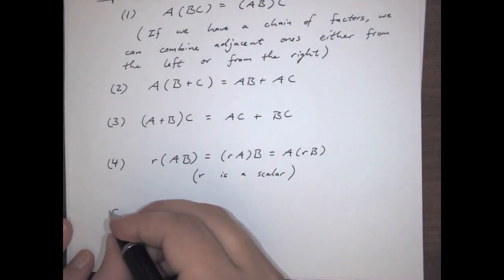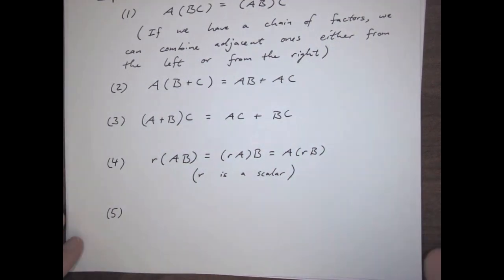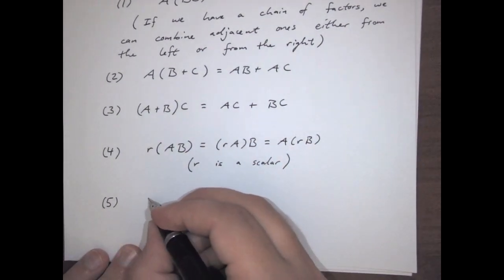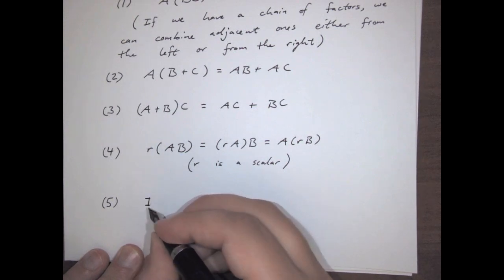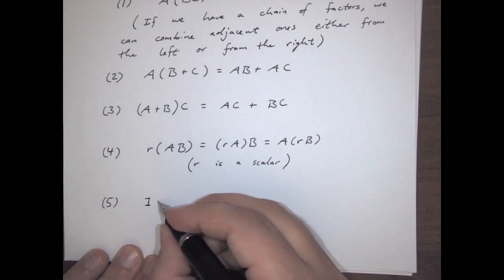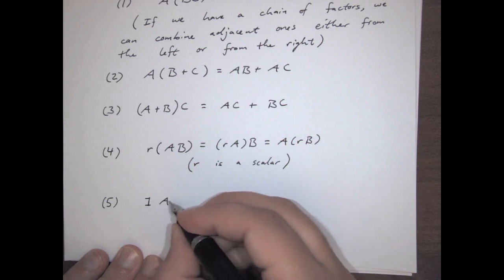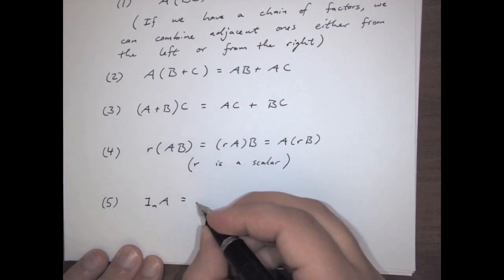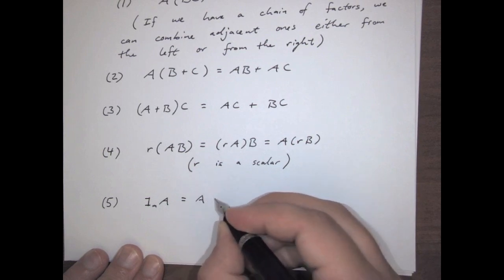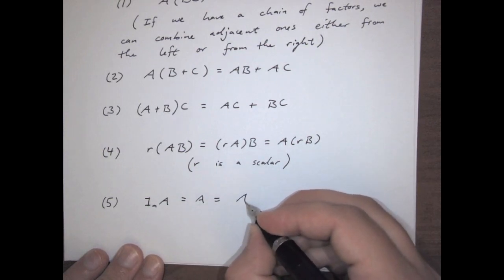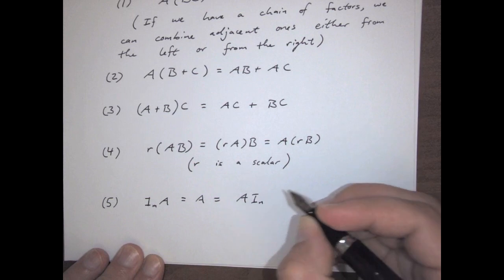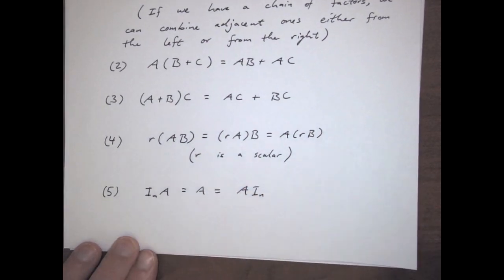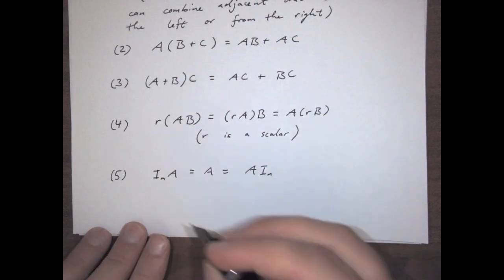And then finally, the fifth property here is if we have the appropriately sized identity, I_m A is the same as A, which is the same in turn as A I_n. Remember, this is from section 1.9, the previous section.